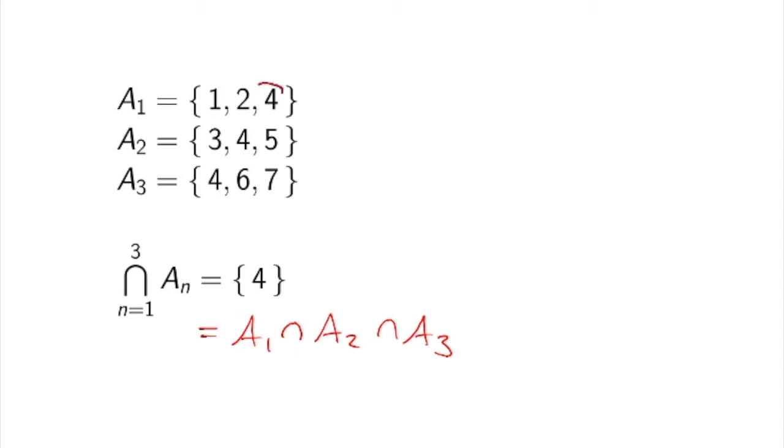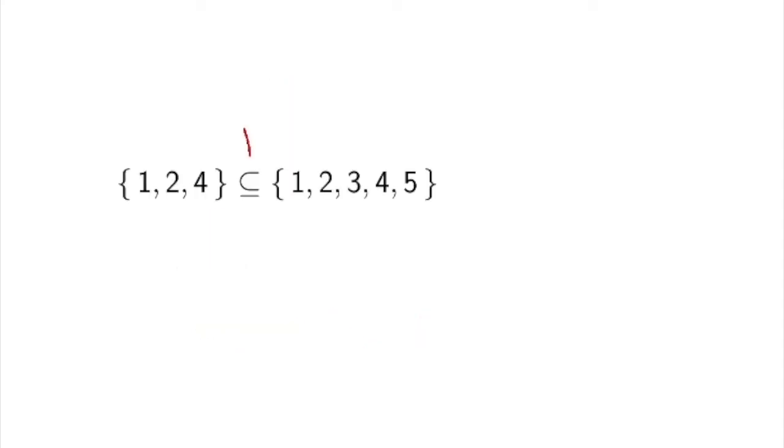Since 4 is the only number that appears in all 3 sets, we say that this intersection equals 4. Moving on, this symbol over here means subset.